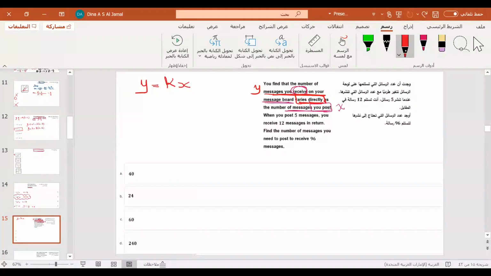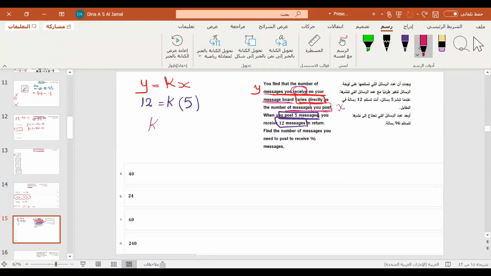Good. So now he's telling you, when you post 5 messages, that means he gave you x already. You receive 12 messages in return. 12 equal to 5k.